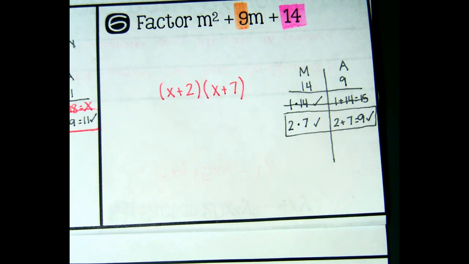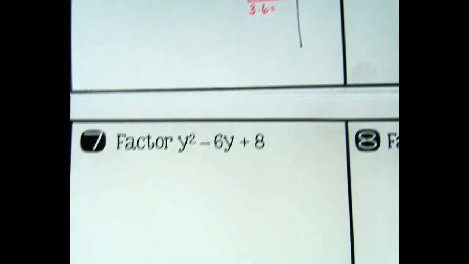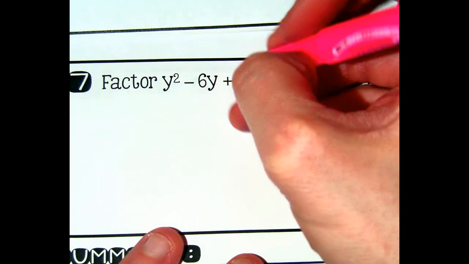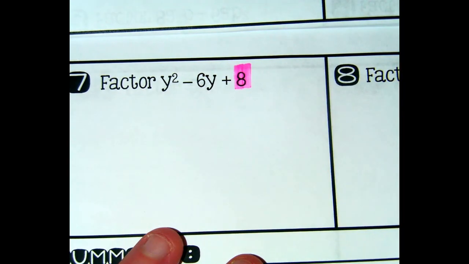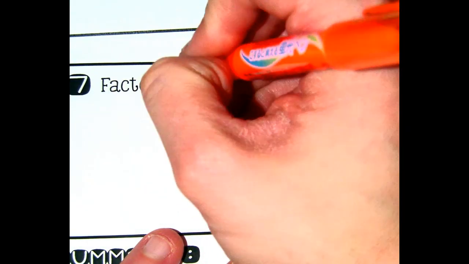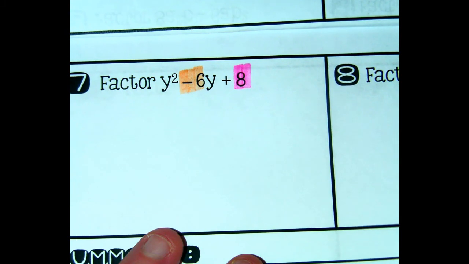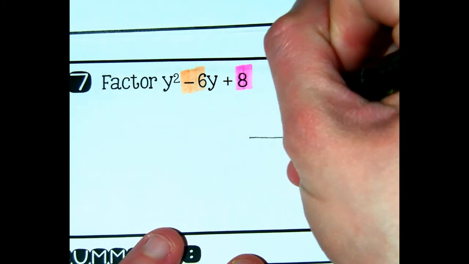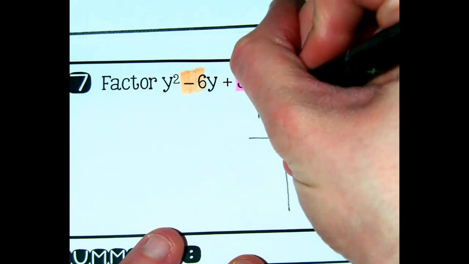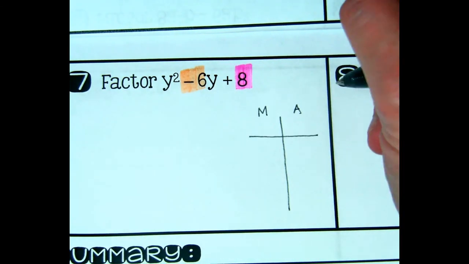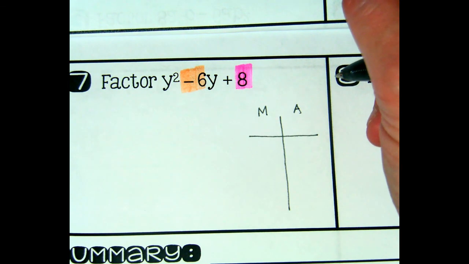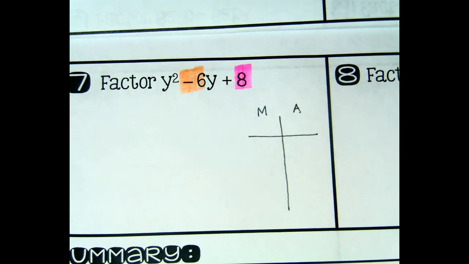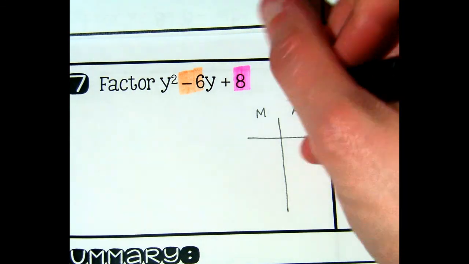Number 7. Eight and negative 6. We're going to multiply to get what number?